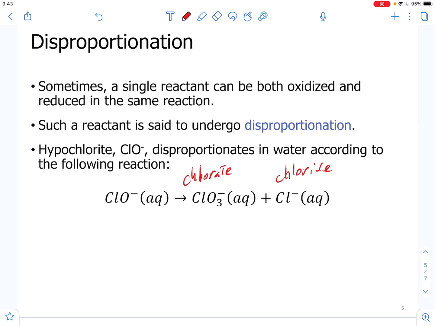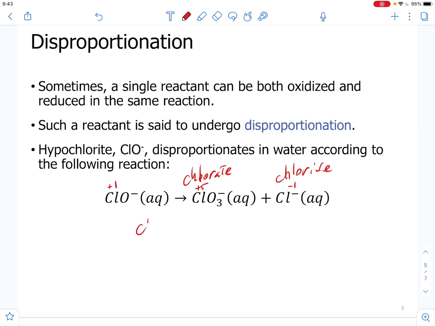Chloride here is -1, the oxidation number. In chlorate, the chlorine has an oxidation number of +5, and in hypochlorite, the chlorine has an oxidation number of +1.